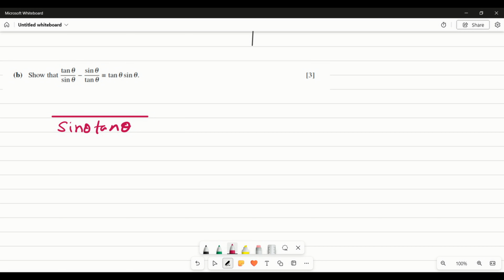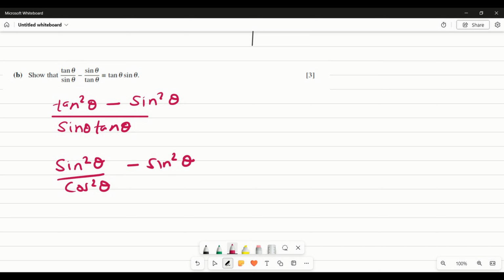So sine theta cancels sine theta and it goes here tan theta. So you're going to have tan squared theta minus tan theta cancels tan theta, so you're going to have sin theta, and sin theta times sin theta is giving us sin squared theta. So this means that you're going to have tan squared theta, which is sin squared theta over cosine squared theta, minus sin squared theta over sin theta tan theta.